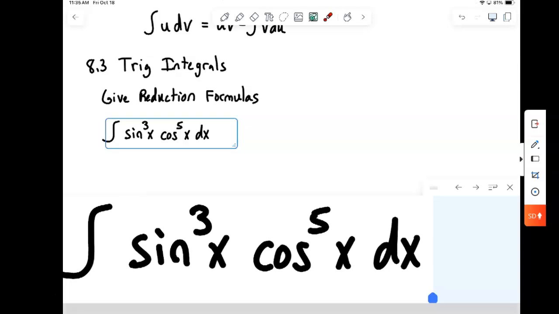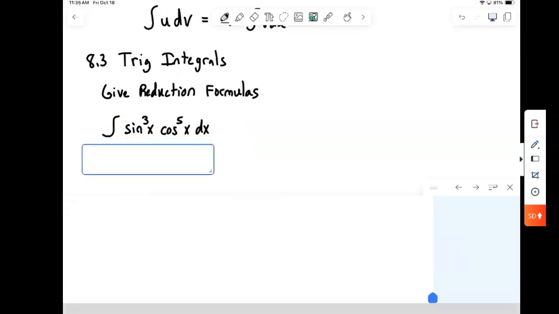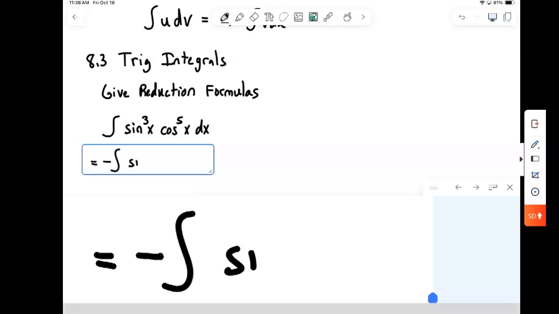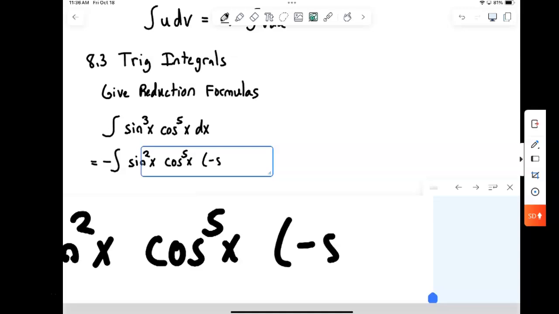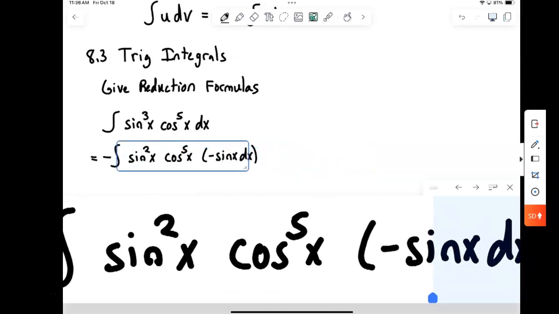So with that in mind, I'm going to account for that right now, ahead of time, before I even have gotten the problem to the cosine. I know I need a negative that I don't have, so I'm going to take that out. That'll leave me with a sine squared and a cosine to the fifth. Now I have my minus sine x to go with my dx.